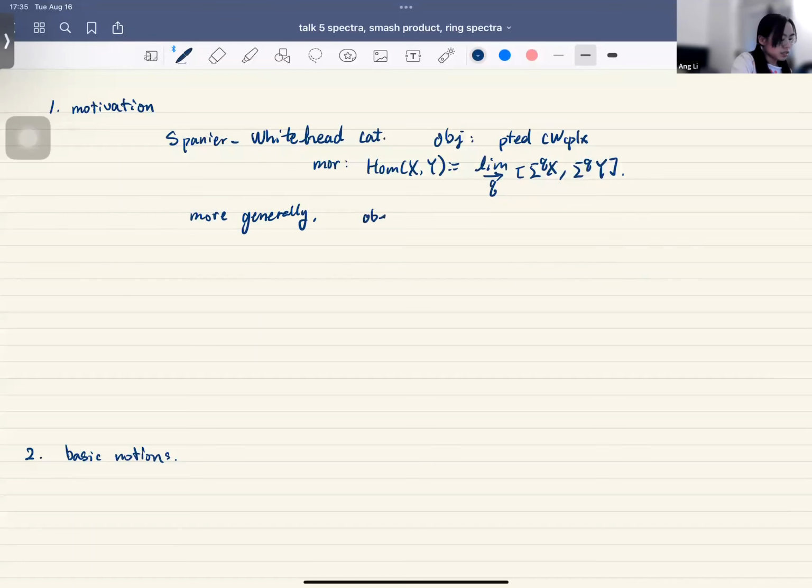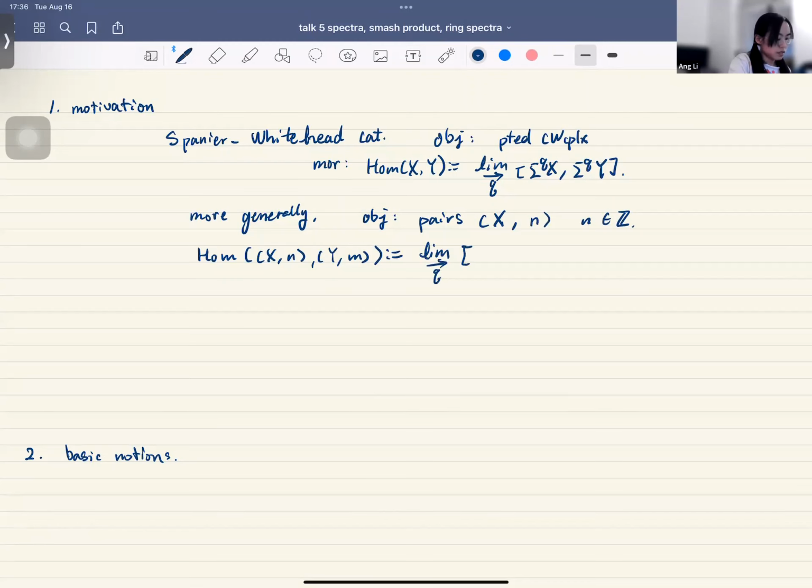So we can make the object to be the pair (X, n), where you keep the X, which is the pointed CW complex, and add another component which is an integer. And then the morphisms between the pairs are almost the same. It's again the colimit of the homotopy classes where you have this modification of the integer, so things are allowed to be negative.